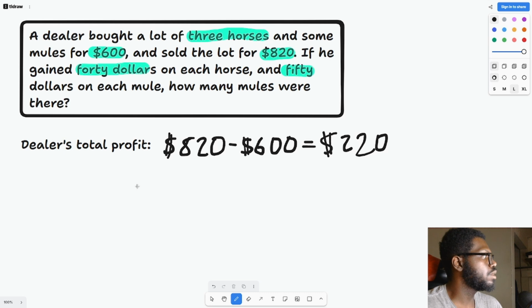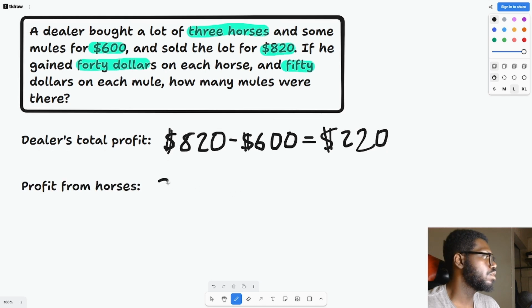In order to find the total amount of money the dealer made from mules, you have to take this $220 number, the total profit, and subtract from this the profit the dealer made from the horses. But we're going to have to figure out the profit the dealer made from the horses. This number is just going to be 3 times 40.